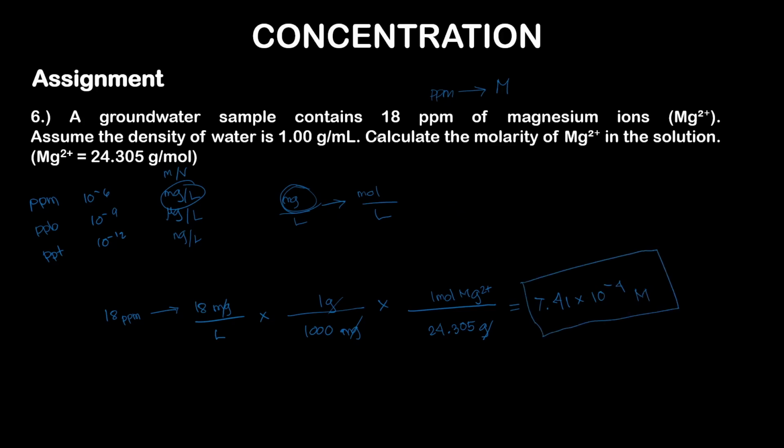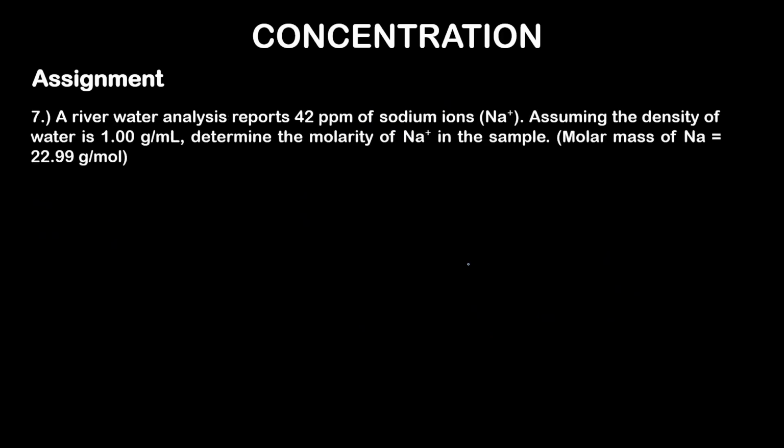See, this is more eye friendly than the other form. Next. Still ppm. A river water analysis reports 42 ppm of sodium ions. Assuming that the density of water is 1 gram per ml, determine the molarity of sodium ion in the sample. The molar mass of sodium is given here. So as usual, 42 ppm.